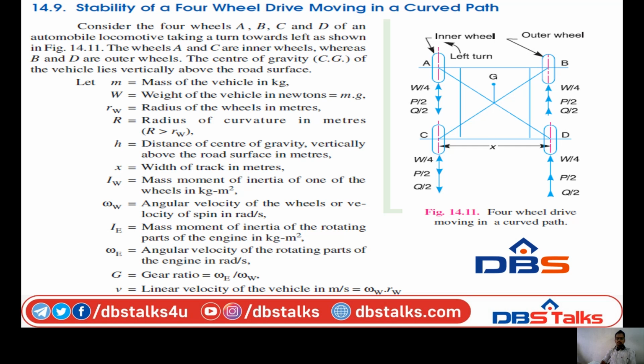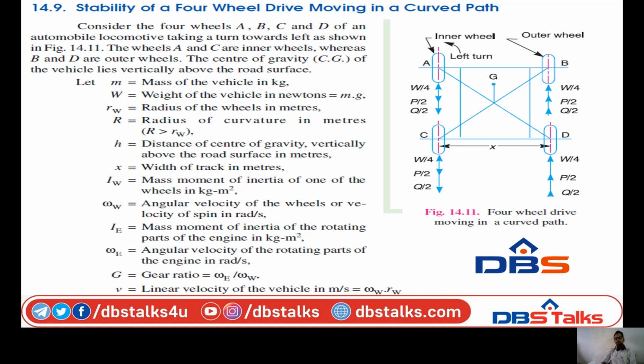Since the vehicle is turning towards the left, due to precession and the rotating parts, the gyroscopic couple will act. The velocity of precession is omega p, that is v by R, where v is the velocity and capital R is the radius of curvature.